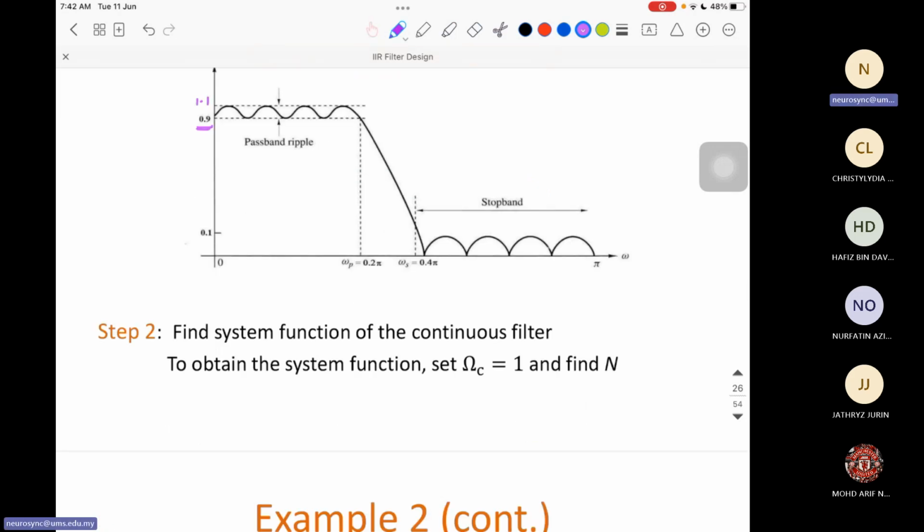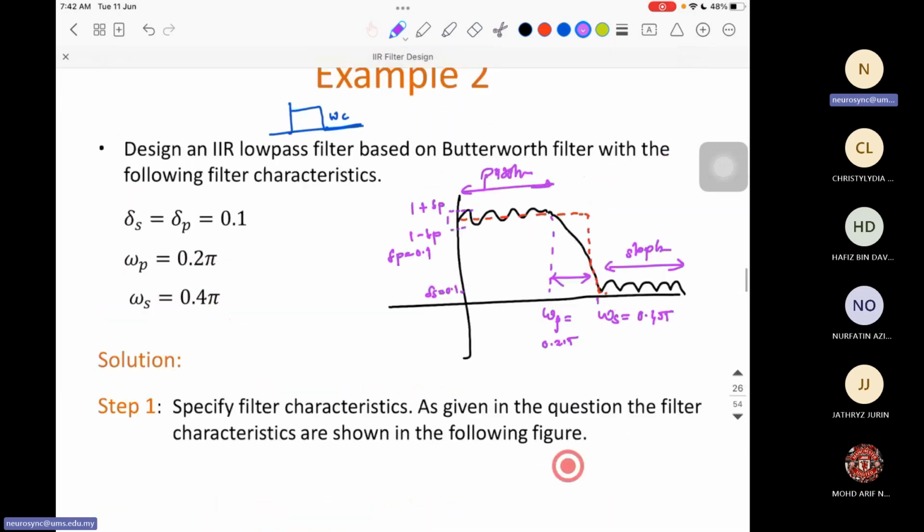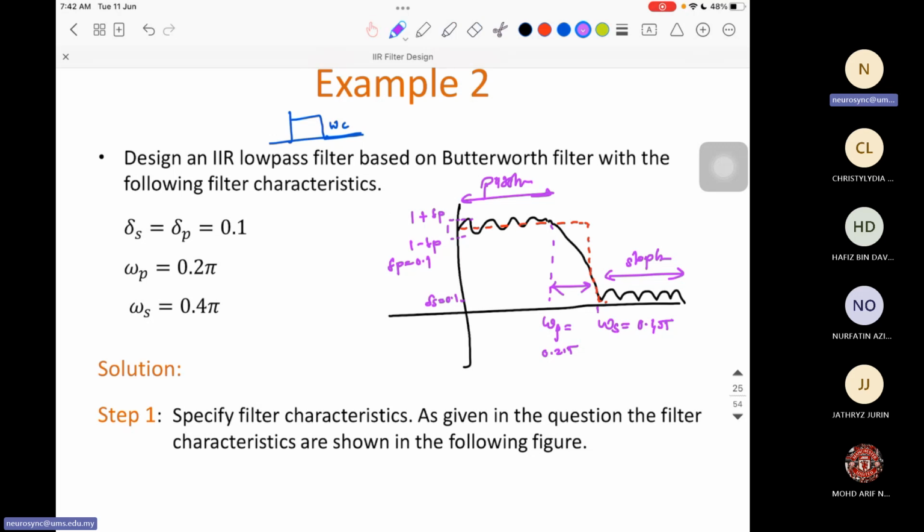Then the second step is to find the system function of the continuous time filter. Now to obtain the system function, that is H of s, we set capital omega c to 1, and we should know the value of capital N. Now in this example, capital N is not mentioned.